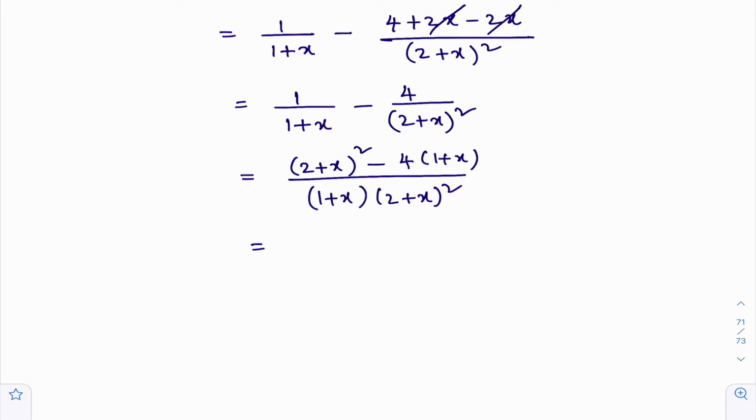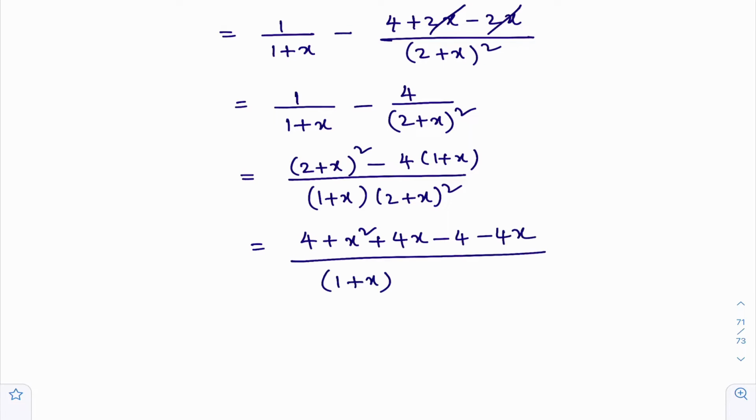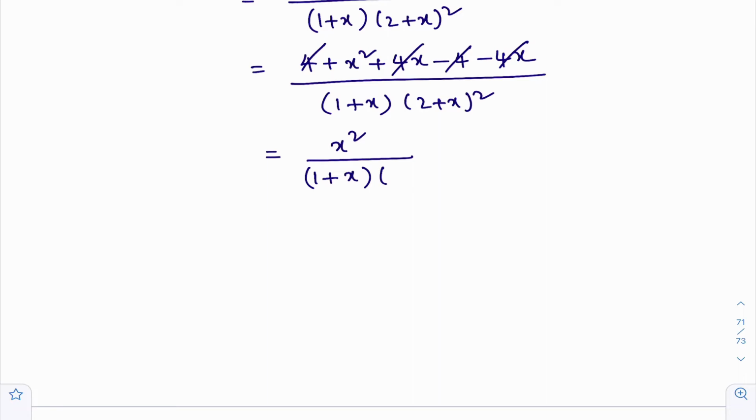Simplify this, what will you get? 4 plus x square plus 4x minus 4 minus 4x divided by 1 plus x into 2 plus x whole square. This plus 4x minus 4x will get cancelled. This plus 4 minus 4 will get cancelled. What you got is x square divided by 1 plus x into 2 plus x whole square.